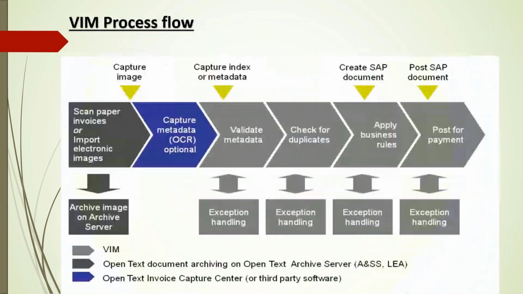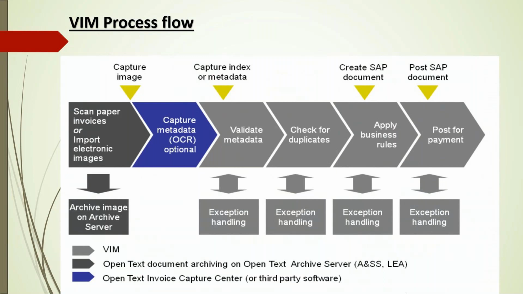How this is changing is, first is receiving the invoice. As soon as the invoice is received, instead of using the paper invoice itself for data entry, scan the invoice and archive it for future usage. This itself gives an advantage, that only paper invoices are not stored; you have a soft copy available.